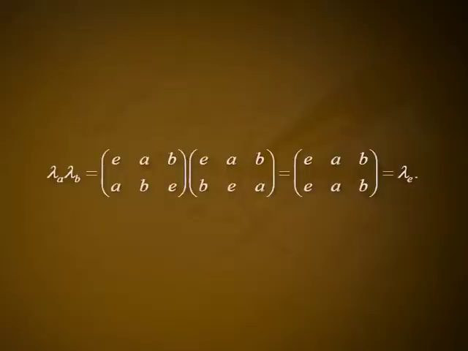For example, lambda b is equal to permutation e to a, a to b, b to e into permutation e to b, a to e, b to a, which is equal to permutation e to e, a to a, b to b, which is equal to lambda e.